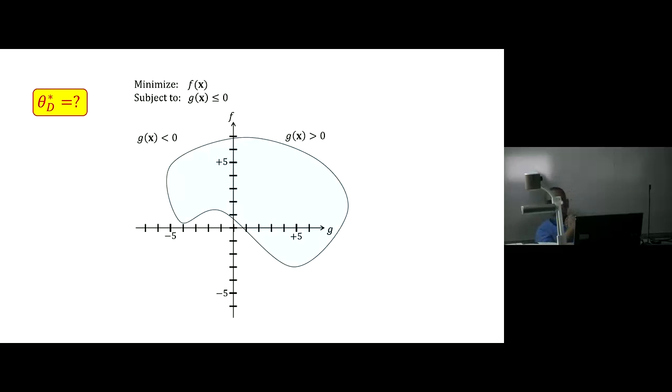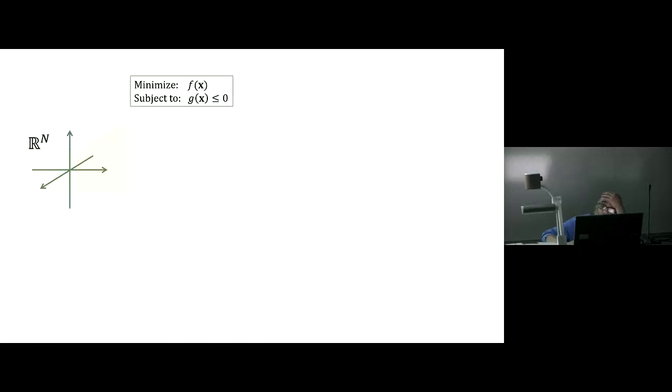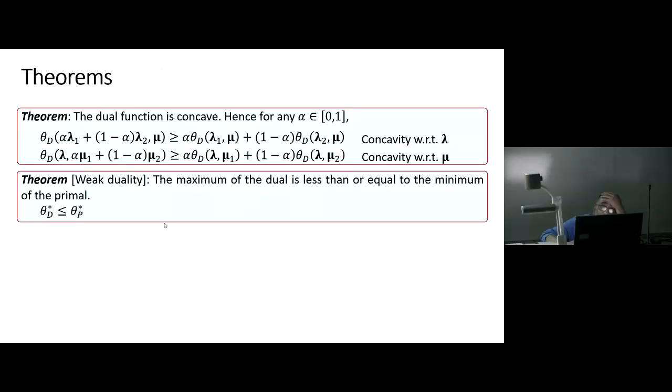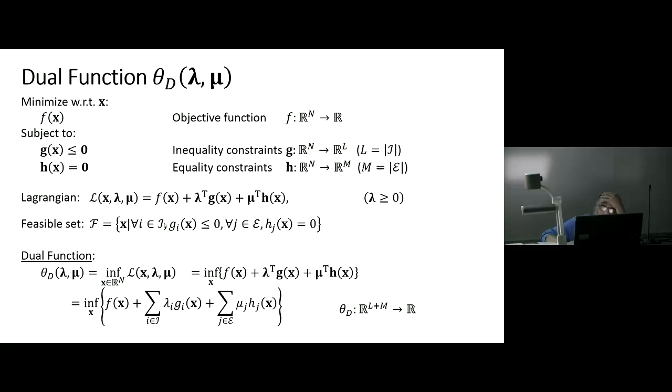Now let's look at how to find theta d star. D is for dual. If you go all the way back, let me remind you that if you look at the definition of theta d, we are doing the minimization here, but we are just ignoring the constraints.